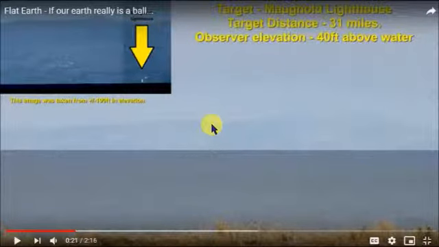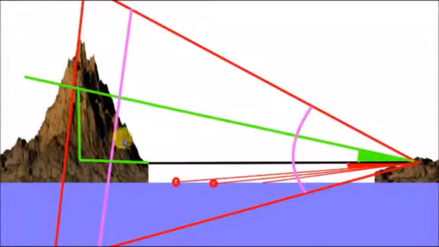So I went to Google Earth, and I got the elevation of this point above sea level. So now we have an angle here. This green angle is the angular size of the vertical portion of the image, starting from the water line until the highest point of the island above the lighthouse.